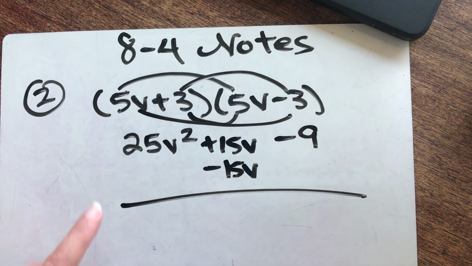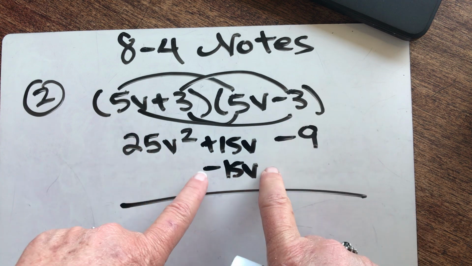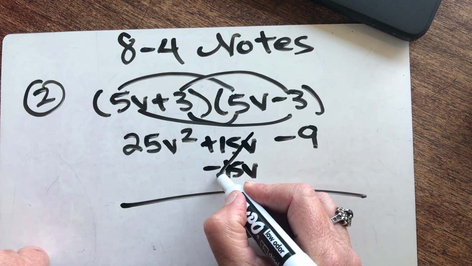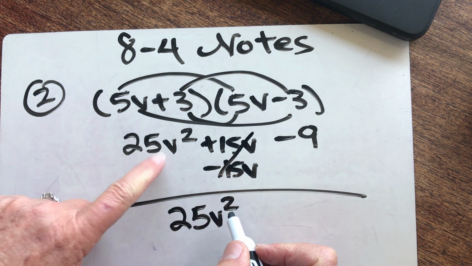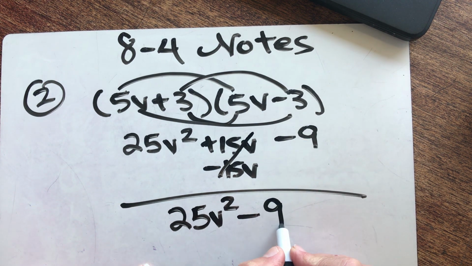Whoa, what the heck just happened? Negative 15v, positive 15v. Wow, the middles canceled. We only have the first term and the last term. Huh. Our middle terms cancel when we have conjugate binomials.